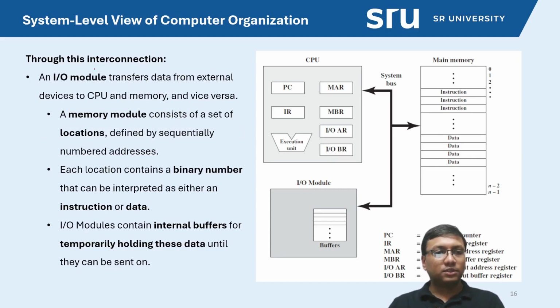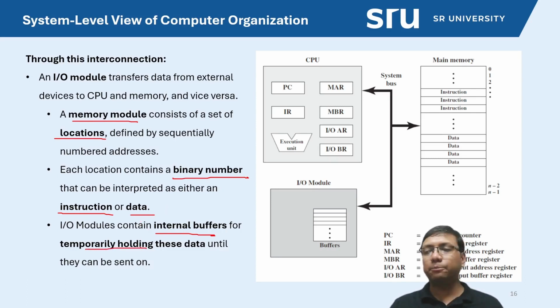So through this interconnection, when an IO device transfers data from external devices to CPU and memory, there is a memory module that consists of a set of locations. Each location will contain a binary number. These binary numbers can either be instruction or data. And IO modules contain an internal buffer. Why? Because the data needs to be stored temporarily.